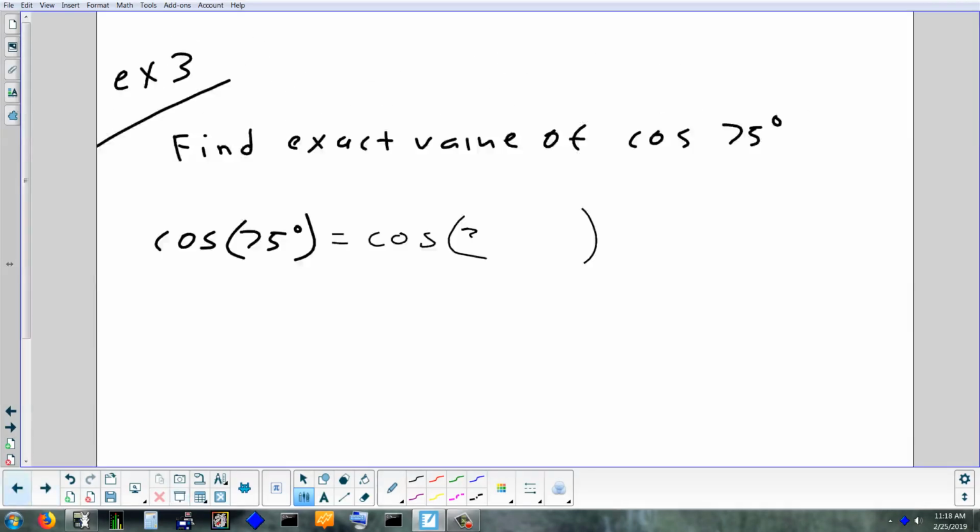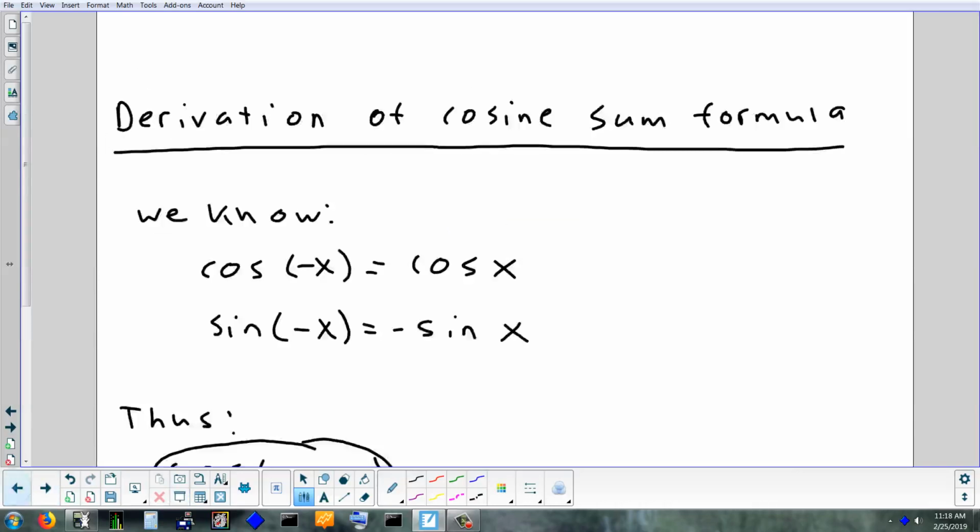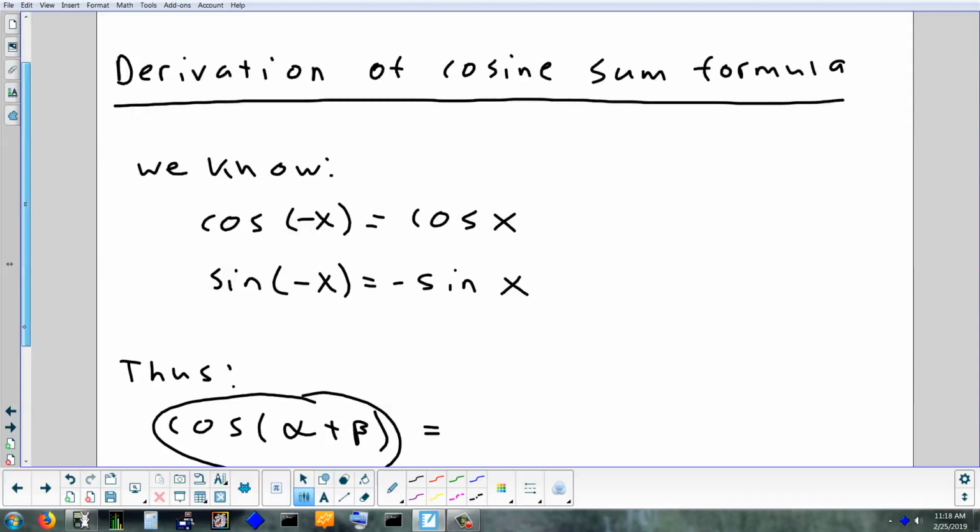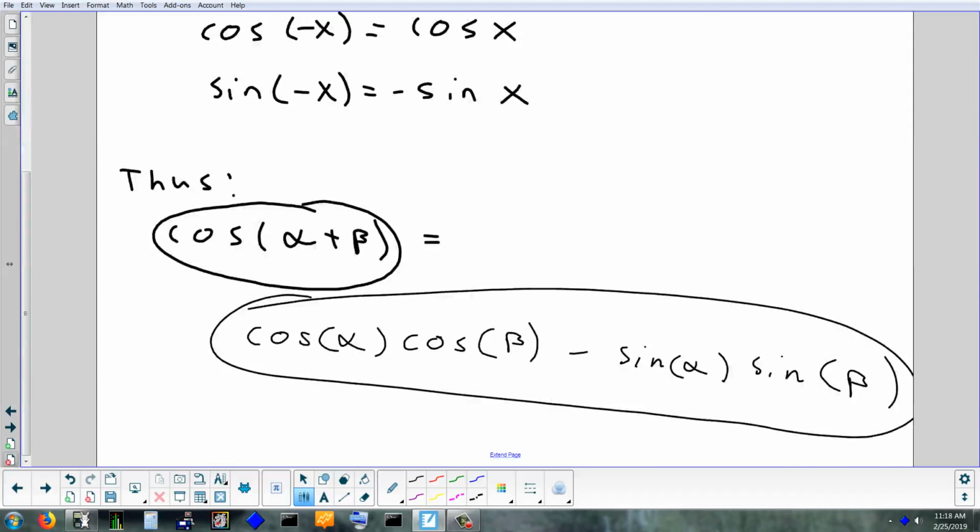So 30 plus 45. Okay, first thing I'm going to do is I'm going to write down the symbol. When I write it, does it use a plus or a minus? Cosine sum formula? Minus.